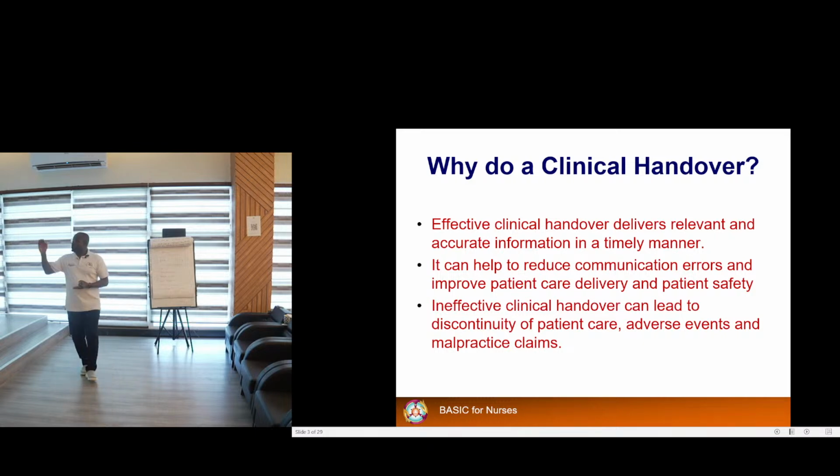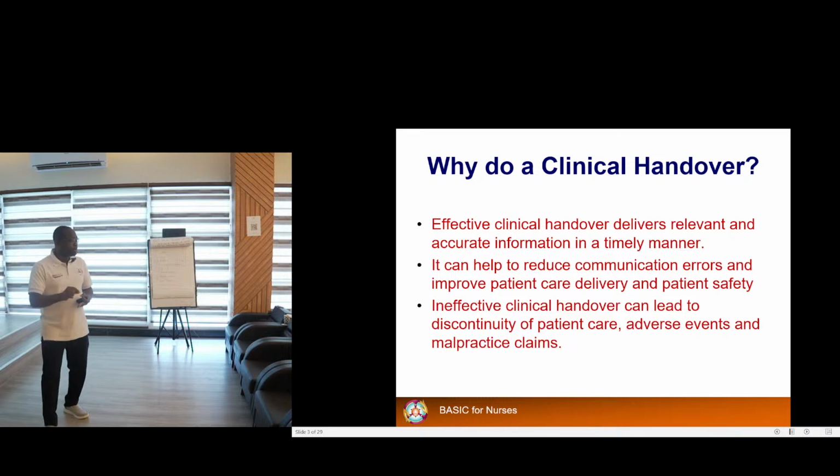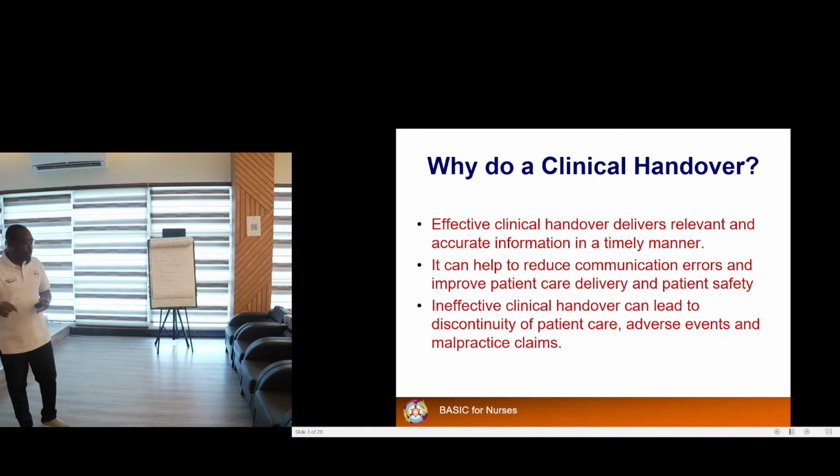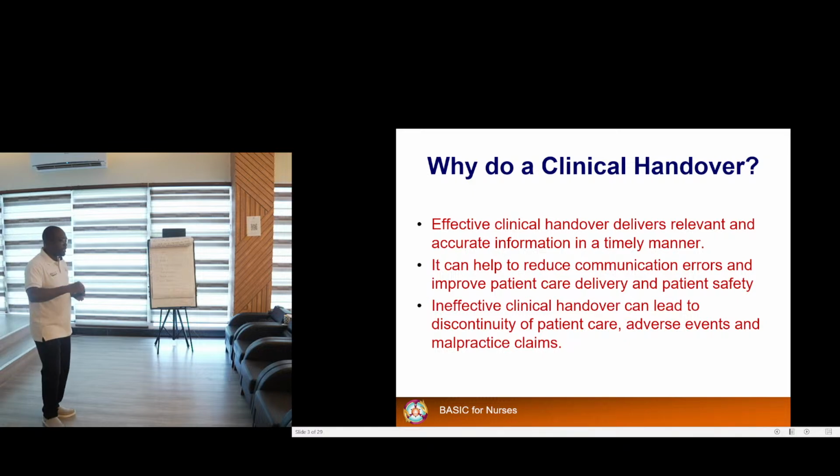And I'm not only speaking about that patient in ICU, I'm speaking about that person that we may be transferring from EMD to the ward, or from the ward to ICU. All this information that was in your custody is important, and can be transferred to another unit or another department or another team so that they can care for this patient.